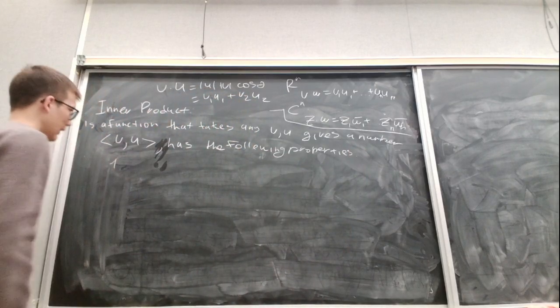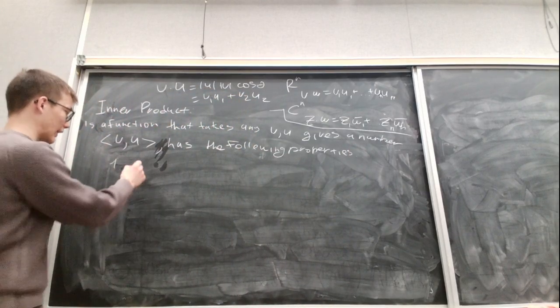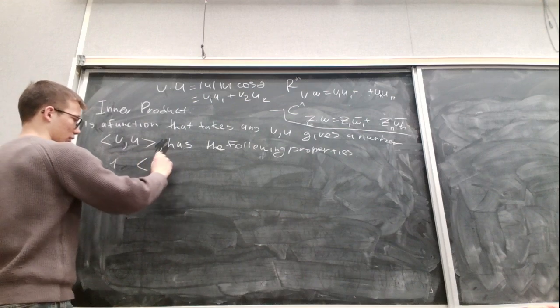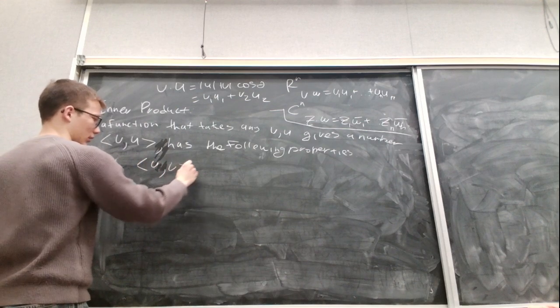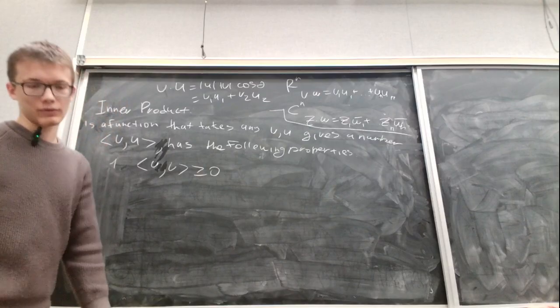So first, positivity: the inner product of v with itself should be greater than or equal to 0.